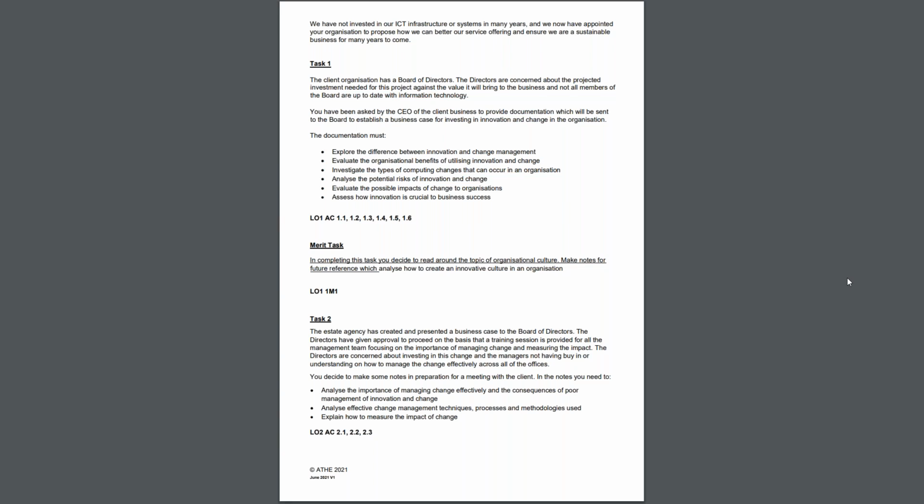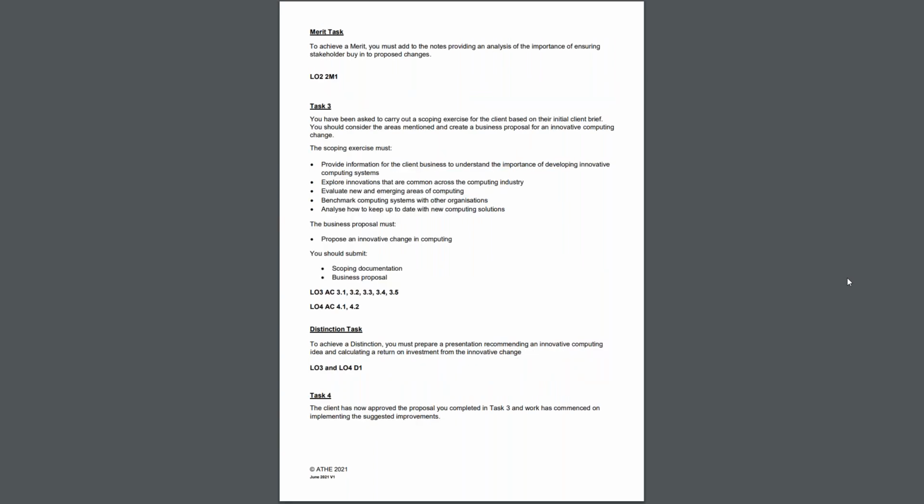Analyze effective change management techniques, processes and methodologies used. Explain how to measure the impact of change. So for your merit task, to achieve a merit, you must add to the notes providing an analysis of the importance of ensuring stakeholders buy in to proposed changes.